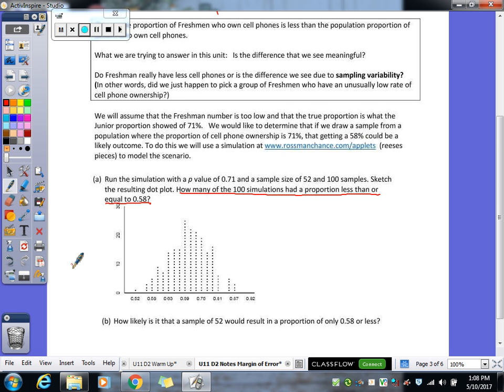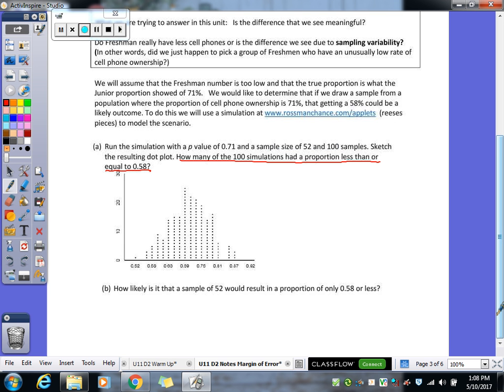So let's look at our chart here. Here's my 58%, which would be this line here. We want to know who had 58% or less. So count up our dots there. 9, because you forgot the 'or less.' So 9 of them had 58% or less.